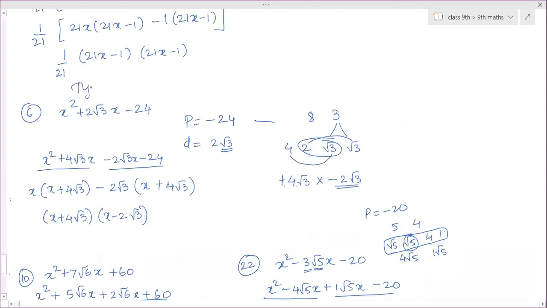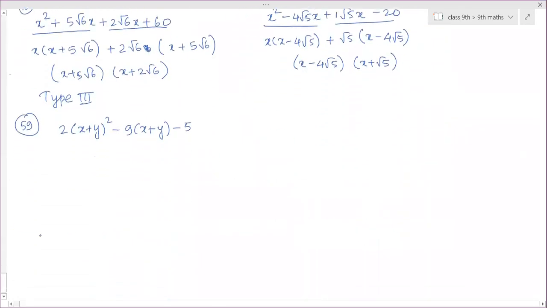This is type 2. In this one, if you see this bracket x plus y, the second bracket is exactly the same, only here the bracket is squared and here it is a normal bracket. So we have to consider the value of that bracket as another variable, a. Whichever has the first term and the second term, we consider that as another variable for it.